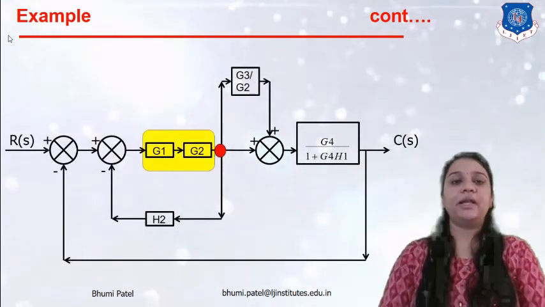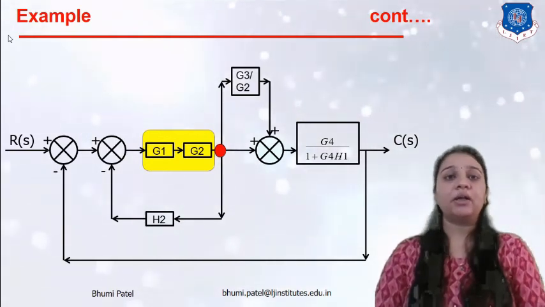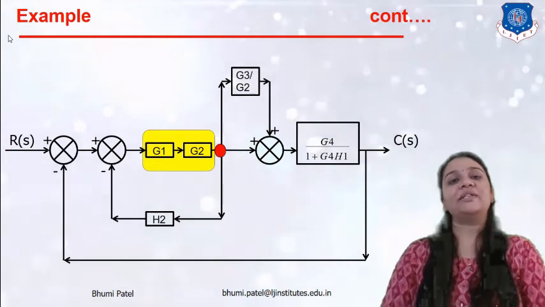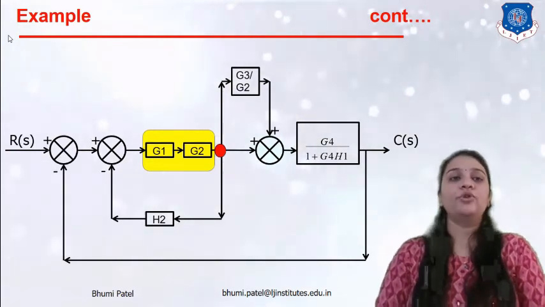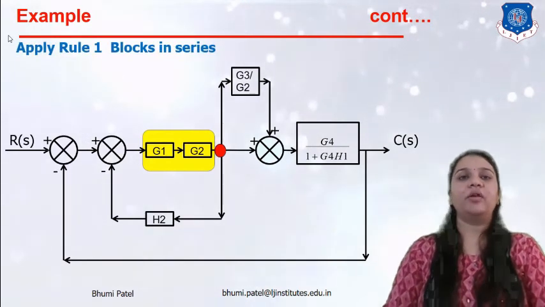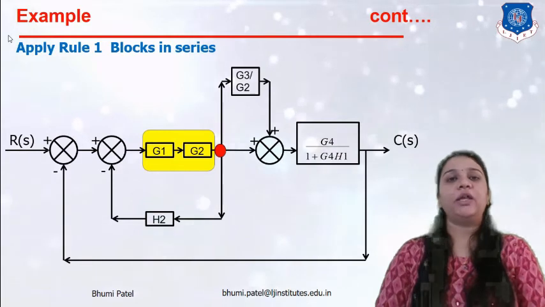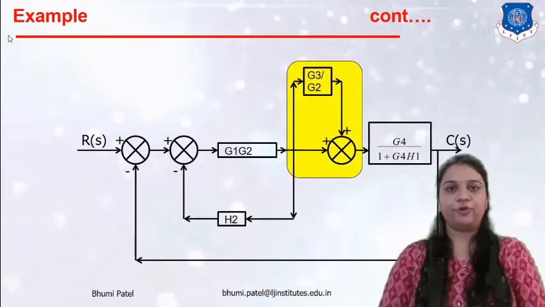Now here you can see that G1, G2 is connected in series connection, and the feedback loop is like G3 by G2. So for G1, G2 we can apply rule number 1, block in series connection, so we can multiply the gain of the system, G1 G2.